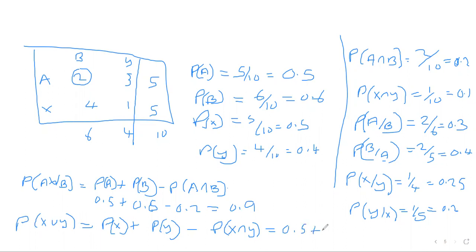Y, plus 0.5. The intersection is 0.1, minus 0.1. What's the final answer? 0.9, 1. 0.8. Okay, 0.8.